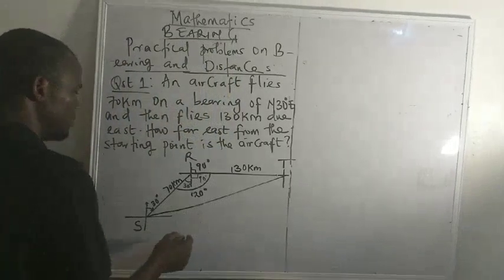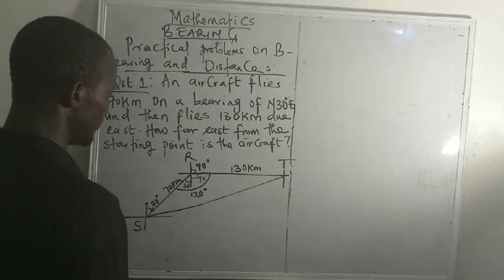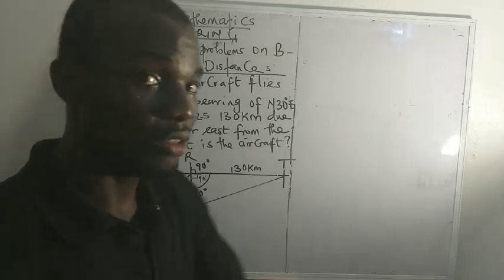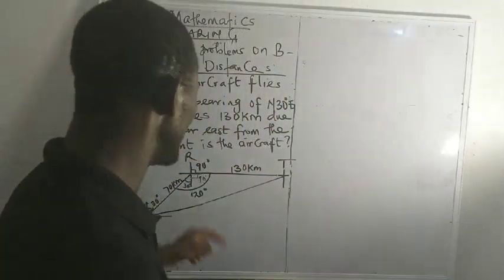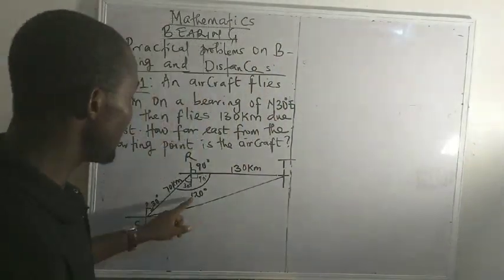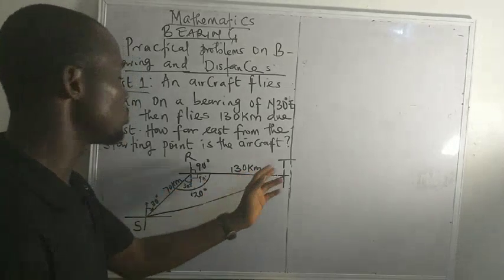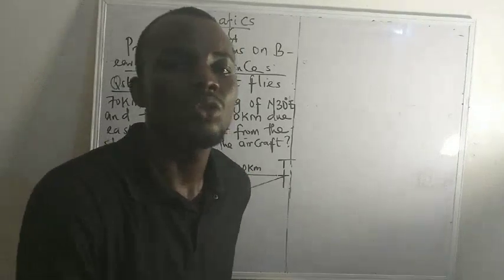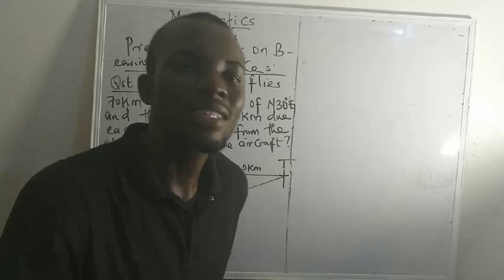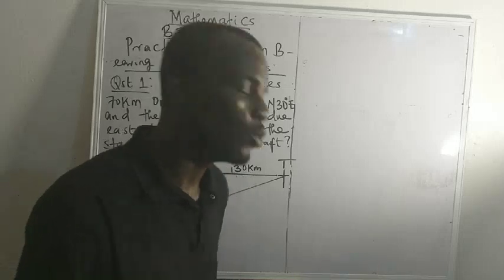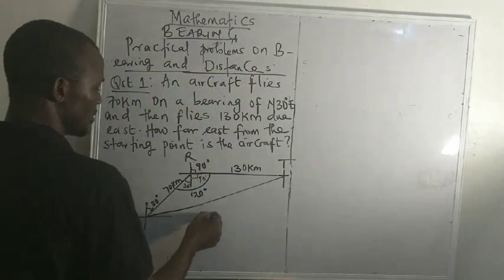But it's better to use the sine rule. Okay, sorry for the mix-up. I can't use the sine rule here because this angle is given, the other side is not given, and I don't have any other side whose angle is given. So you can't use the sine rule in this case. The best thing to use is the cosine rule. So I'm going to use the cosine rule.